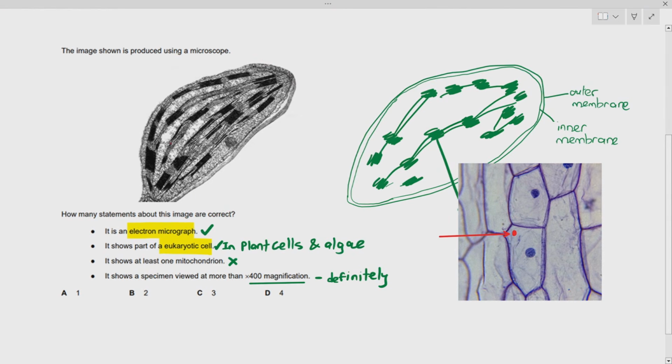I just changed the color to red because it's clearer to see. So that red dot would be the size of a chloroplast viewed at 400 magnification. The image in the question, however, is definitely more than 400. Okay, so the answer is C. There are 3 statements which are correct.